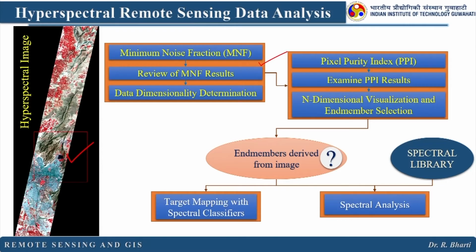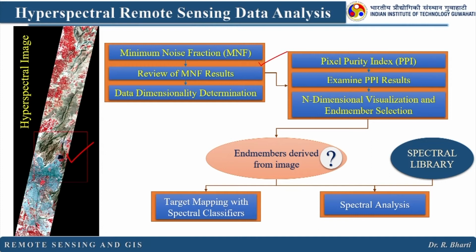Once you find a particular mix which matches well with your image-derived end member, the spectra you have mixed in different proportions will give you the chemical composition of the end member extracted from the image. I hope this is clear.